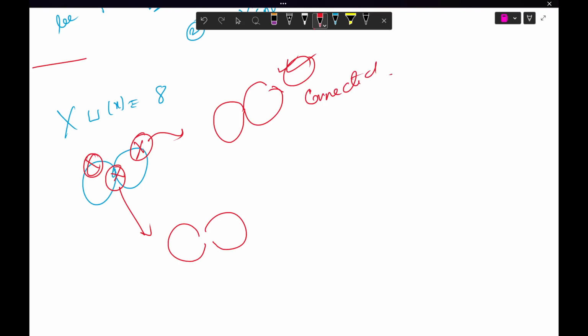But if we remove the common joining point, the resulting space is disconnected, correct? So that is the space whose one-point compactification is the figure 8. That's the answer.